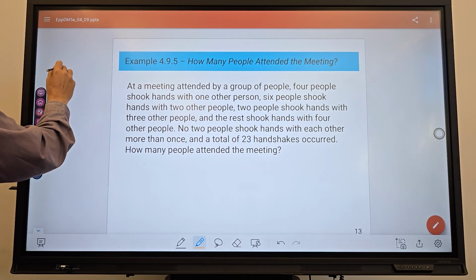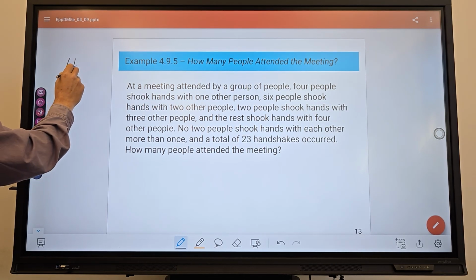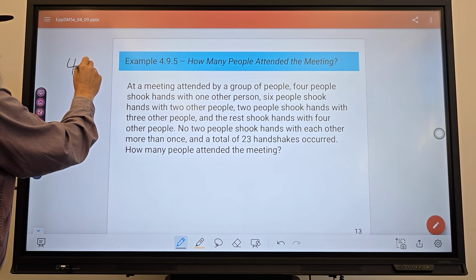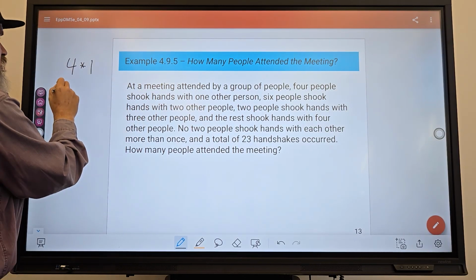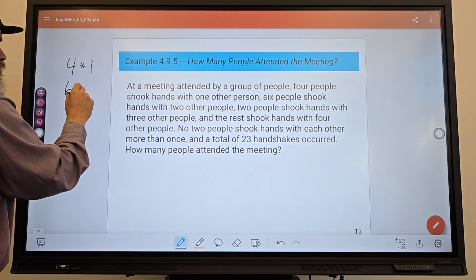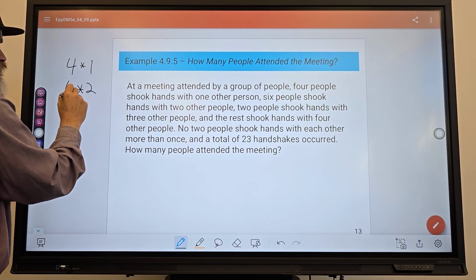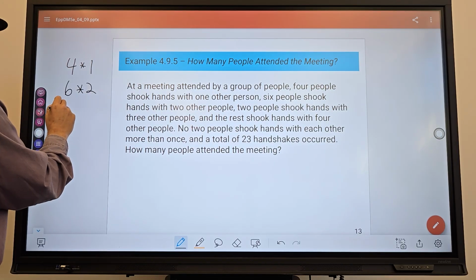Now, 4 shook hands with 1 other person, so 4 times 1. 6 with 2, so 6 times 2. 2 times 3.